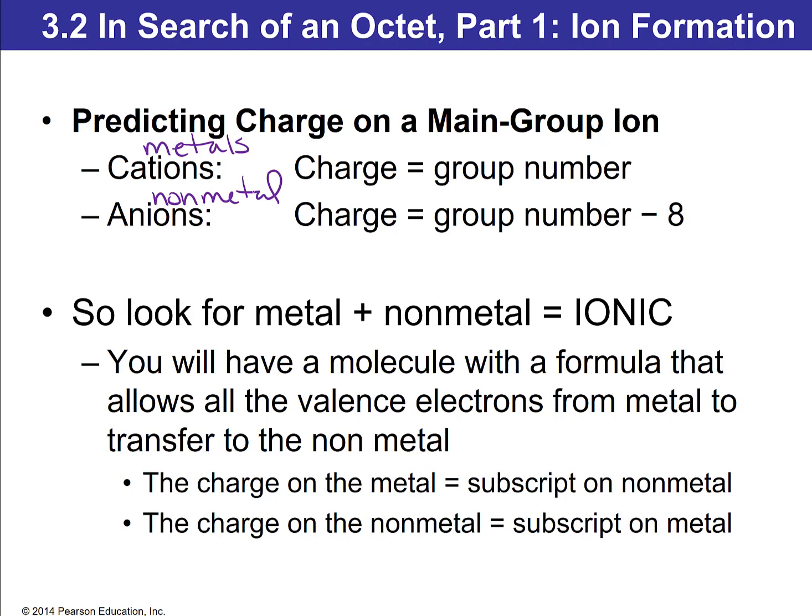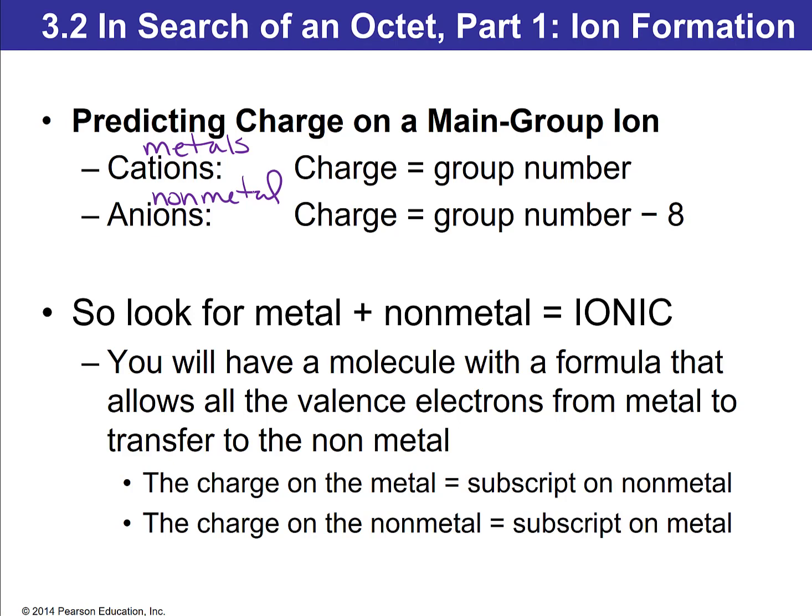Nonmetals will gain. You can actually tell the charge that the metals and nonmetals will have just from looking at the periodic table. So sodium loses its one electron, so sodium, lithium, potassium, they'll always be +1. So the group number tells you the charge too. It tells you the number of valence electrons, but it also tells you the charge.